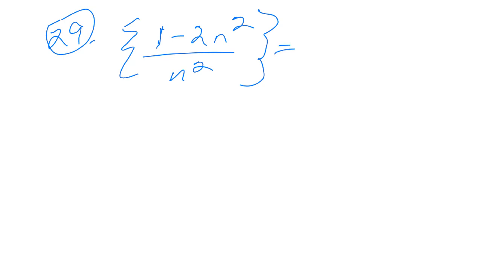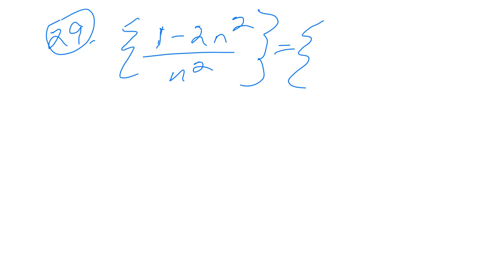On number 29, they have the sequence 1 minus 2n² all over n². So let's go ahead and look at what this is if we let some specific values of n go here. If n is 1, what's the first term?